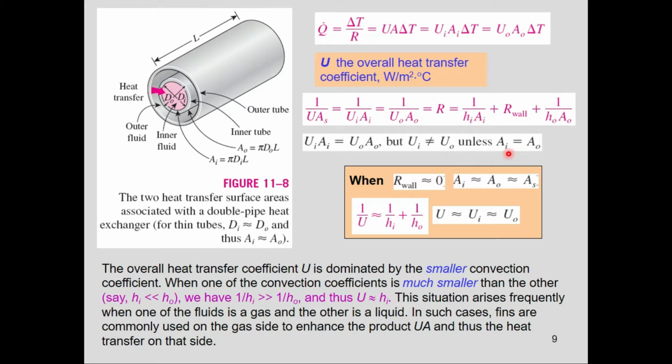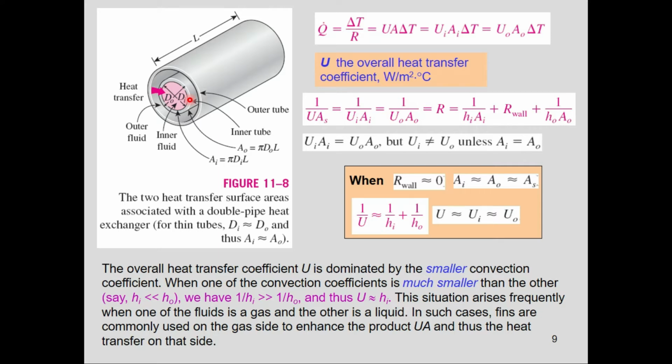So there is a special case when we have a particular heat exchanger whose thermal conductivity is very high. Let's have a look at this diagram. For example, this is a hot fluid and there is a cold fluid in the annulus, and if we assume that this wall, which is in between the hot and the cold fluid, is very thin, right?